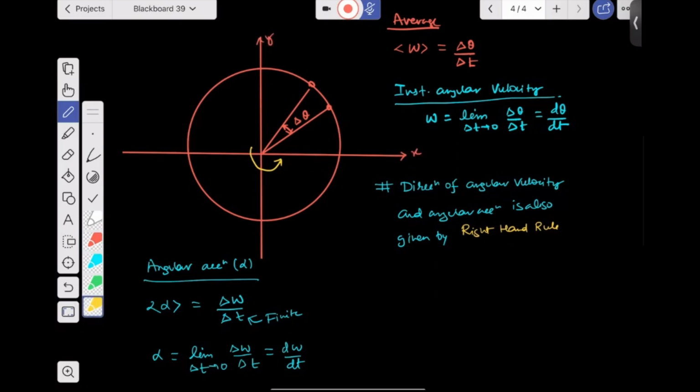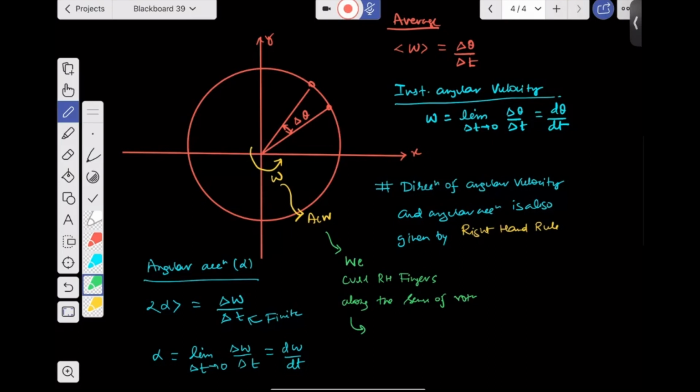What we do is curl our right hand fingers along the sense of rotation.